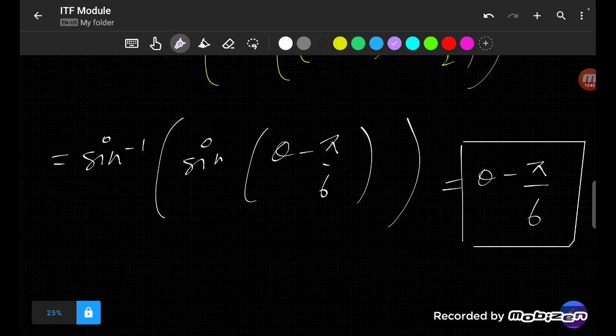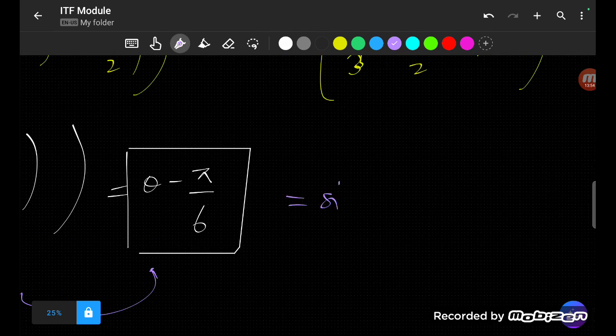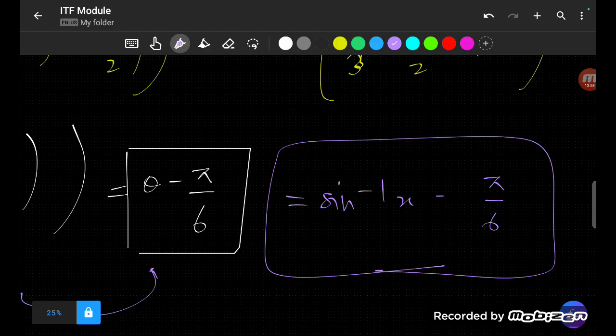Because if you resubstitute the value back, this will become sine inverse x minus pi by 6, which will officially become the final answer.